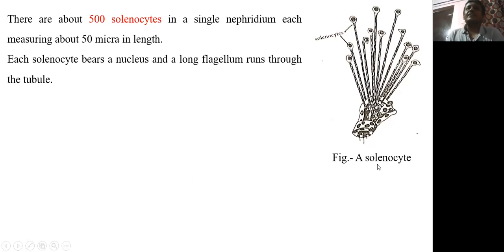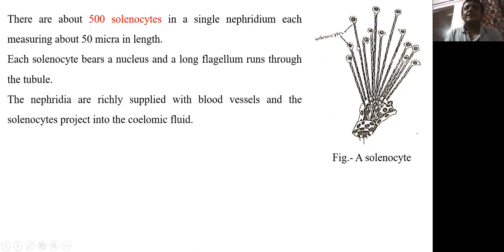Each solenocyte contains a nucleus. In the diagram it is seen that here is the nucleus, and it also has a large flagellum. This one is a large flagellum. This flagellum is present in the tubule, so it runs through this long tubule.